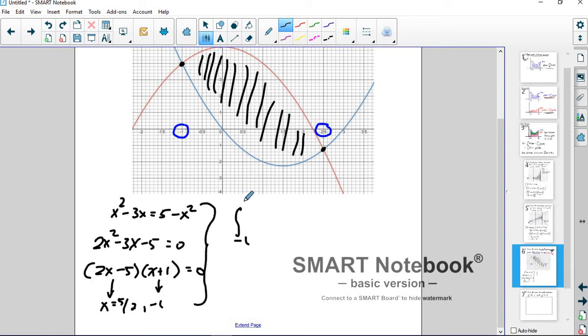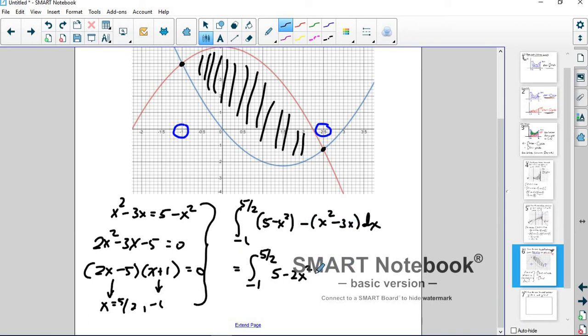Integral from -1 to 5/2 of top function 5 minus x squared, minus bottom function, x squared minus 3x. And once again, I highly suggest that you simplify first. So 5 minus x squared would be minus 2x squared.